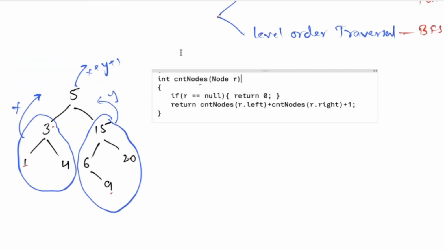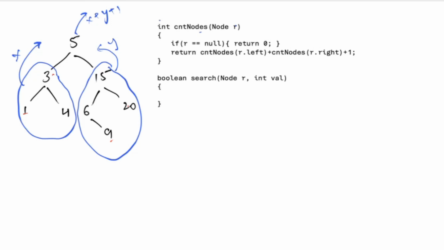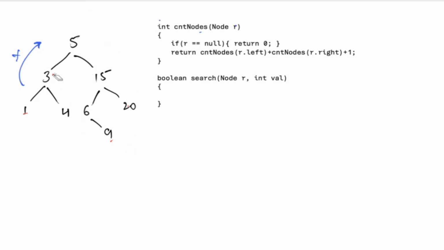All right, great. Now let's say we are given the same tree and we want to search in this tree. Is it a BST or a binary tree? Let's say it's a binary tree. If r.data equals val, then return true.